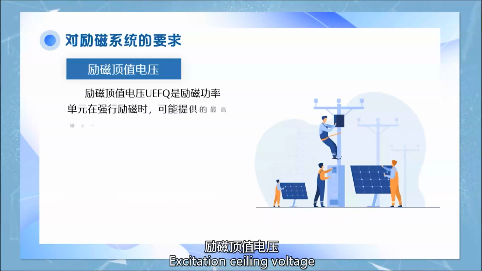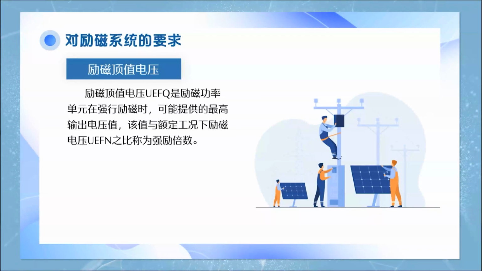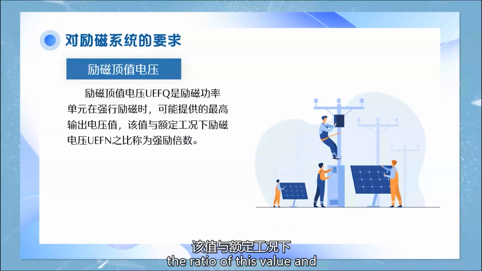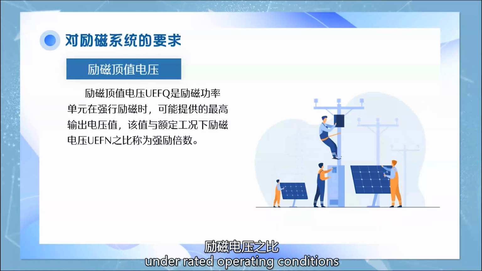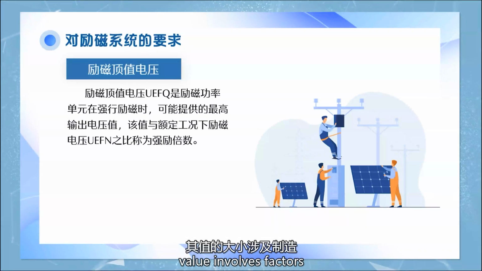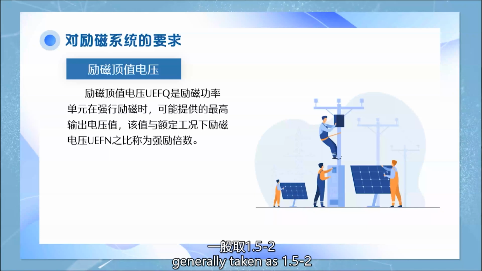Excitation ceiling voltage is the highest output voltage value the excitation power unit may provide in forced excitation. The ratio of this value and the excitation voltage under rated operating conditions is called the forced excitation multiple, and the magnitude of its value involves factors such as manufacturing and cost, generally taken as 1.5 to 2.